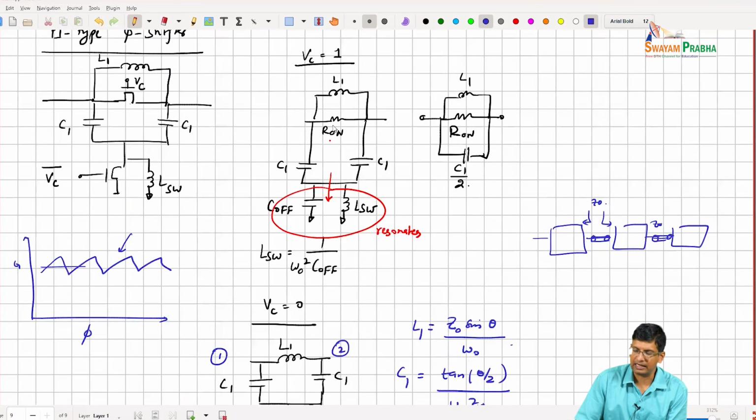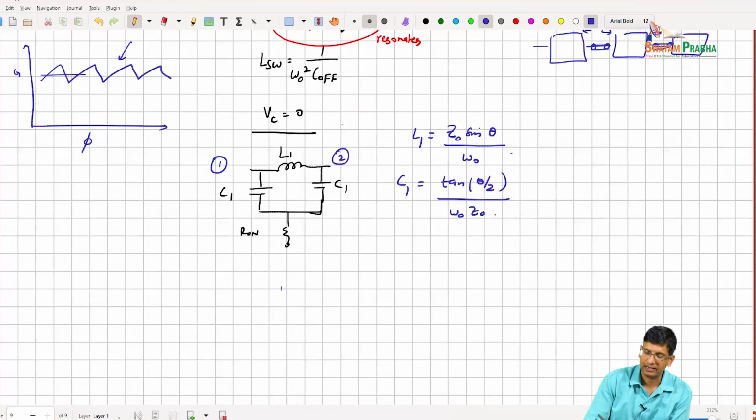So you can look at the inaccuracies of the model that we are doing, right? So over here, for example, you have a L1, R on, C1 over 2, right? So you do have a resonant circuit here at that particular frequency, right? So that's one thing. And then you have this R on, and if I look at it from a previous stage perspective, let's say that this is R on, and then you have Z naught here, right?